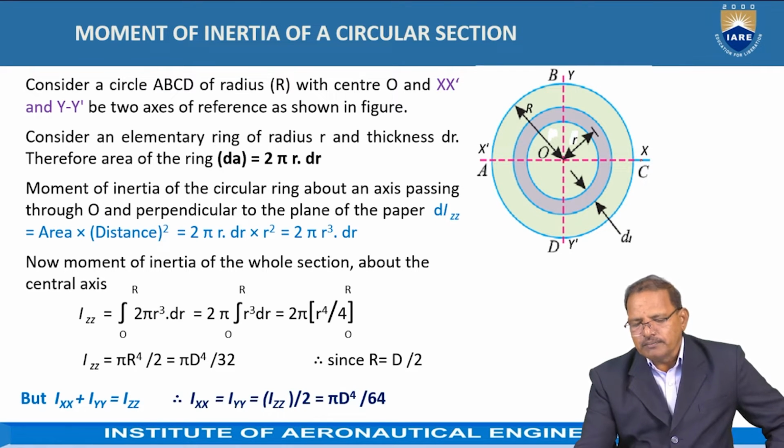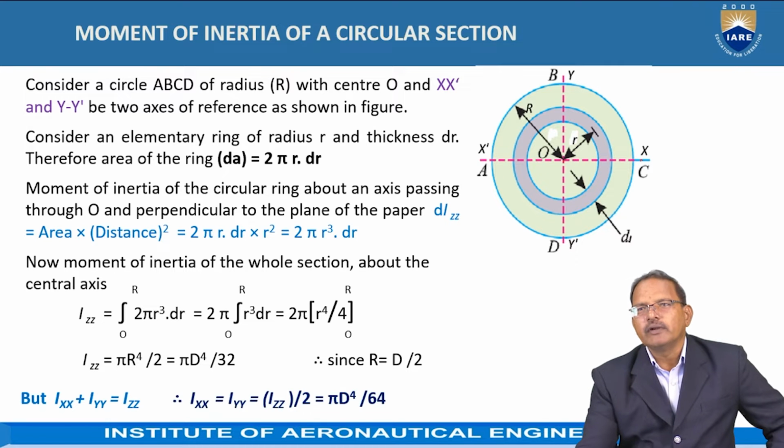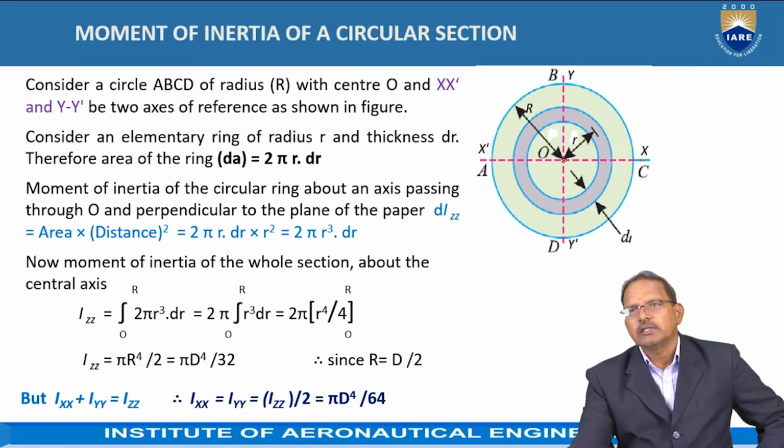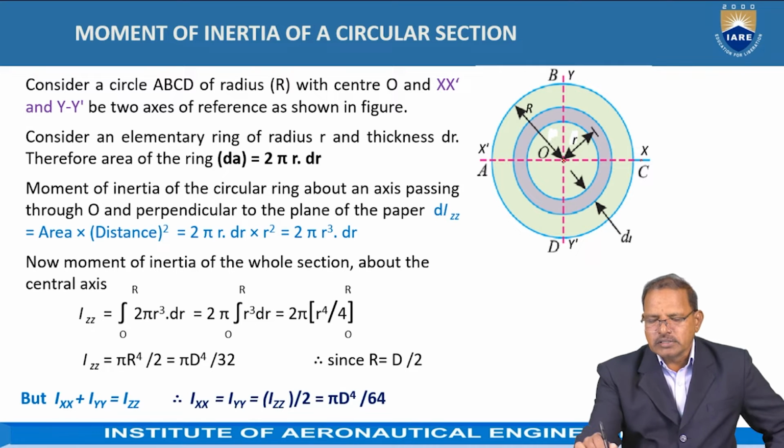In order to determine the moment of inertia of the circle, first we consider the z-axis. The z-axis means the axis which is perpendicular to the x and y axes.